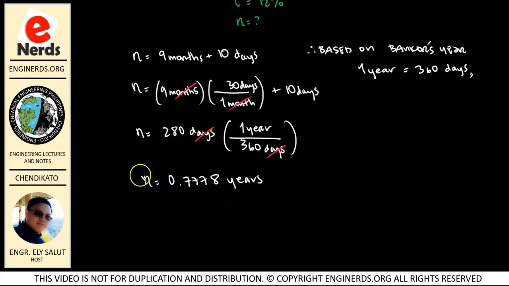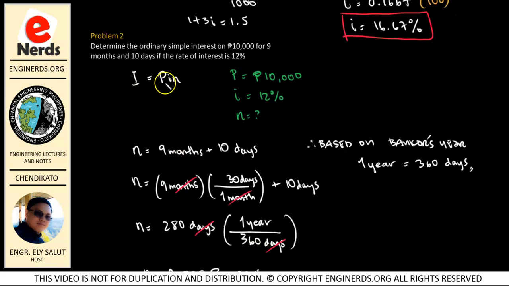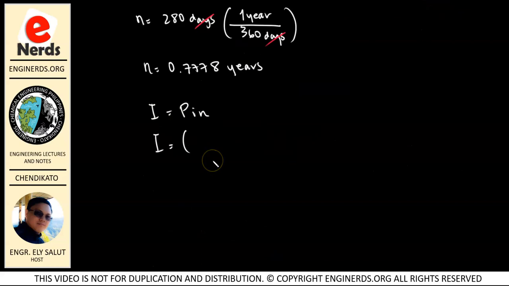Okay, so now we can use our equation for interest. Our interest is equal to PIN. Okay, so how much is our principal? Our principal is equal to 10,000. So we have 10,000 times our interest rate, which is 12%, so we have 0.12. Okay, and our N is equal to 0.7778.